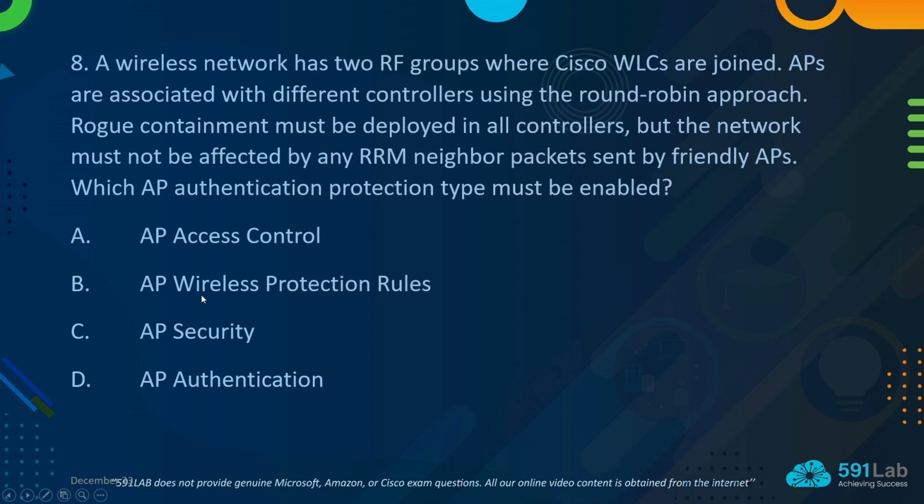We're going to use the AP wireless protection rules to say that if the access point is using this specific SSID and it's connected on our wired network, please consider them as friendly access points and do not contain them, do not do anything against them. So the answer here is B, AP wireless protection rules.